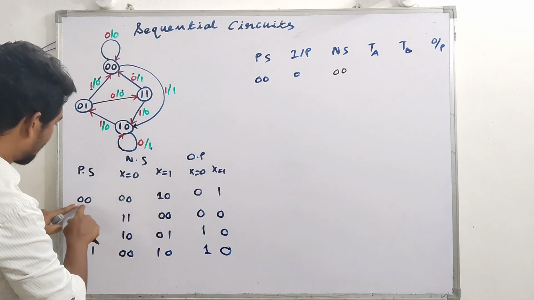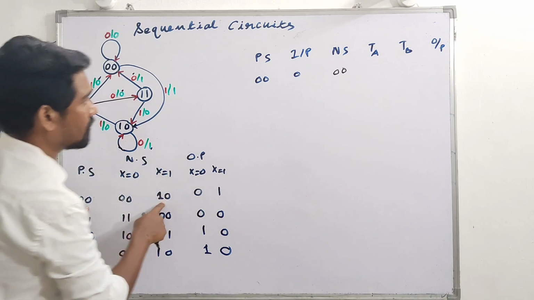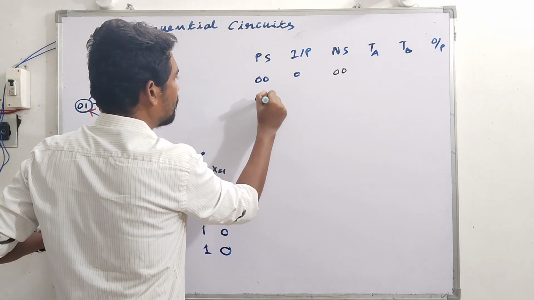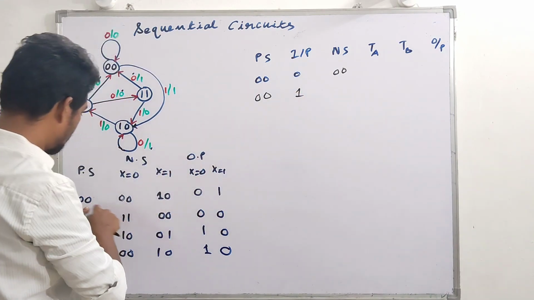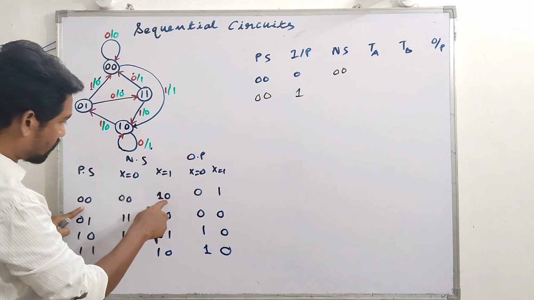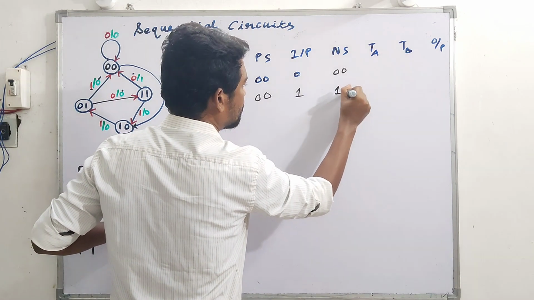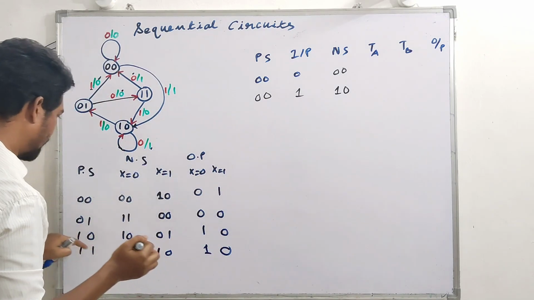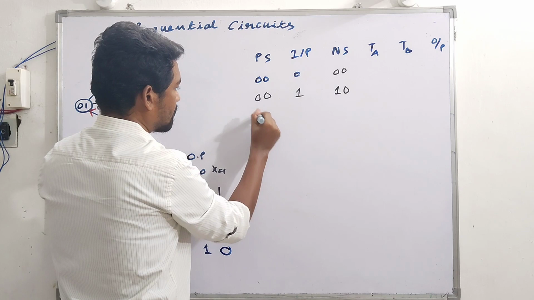Alright, and for the same 0 0 state, when x equal to 1, the next state is 1 0. Alright, and for 0 1, let's plug in the values over here.